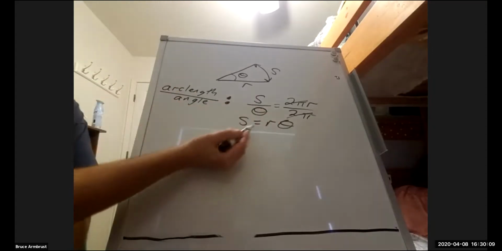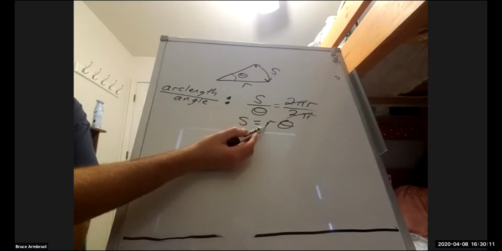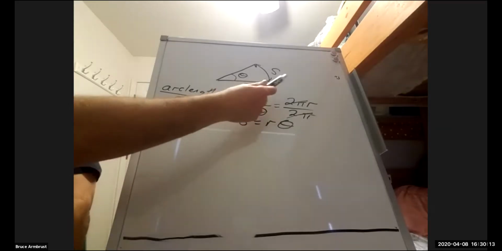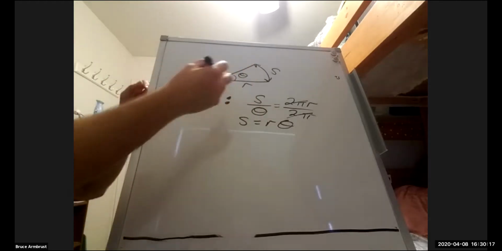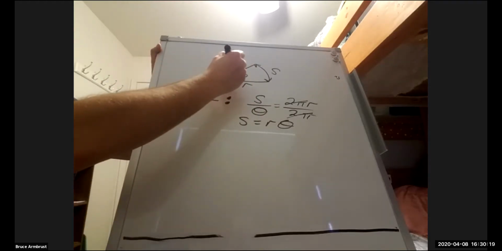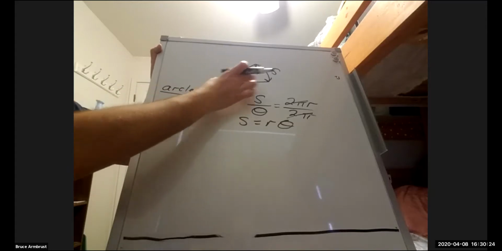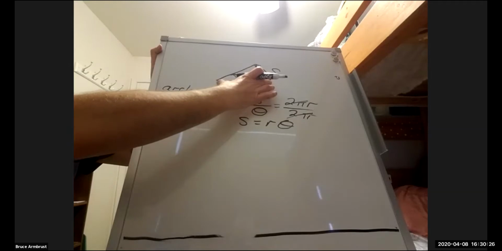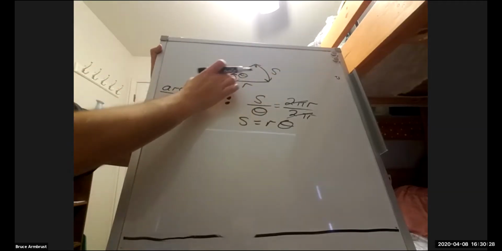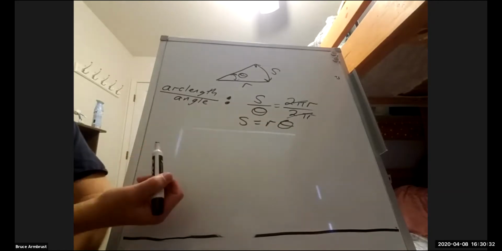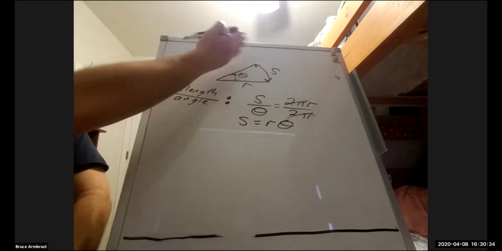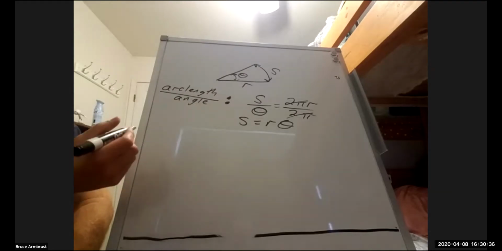But notice that it does depend on two things. The radius. If we have a larger circle and we sweep through the same angle, the arc length will be greater. I actually have two drawn here, the one where I marked my angle, but notice that the bigger R led to a larger arc length. And it also depends on theta. If we go through a larger theta, we're going to sweep through a longer distance, and that should be kind of obvious as well.